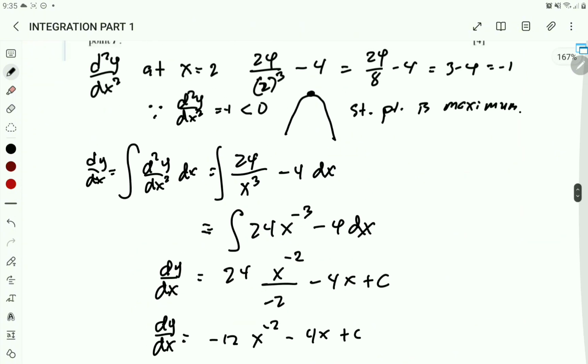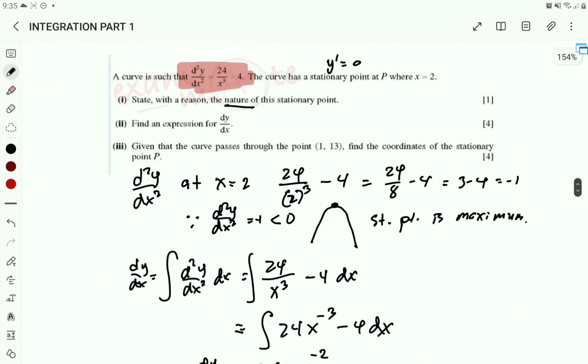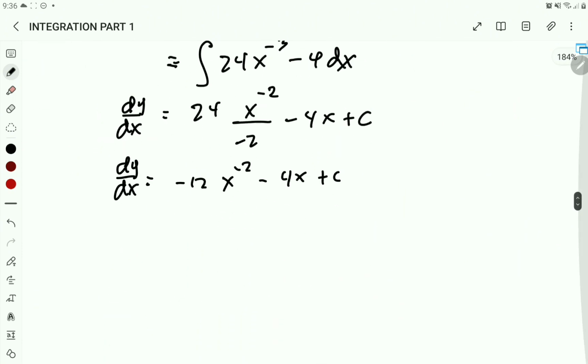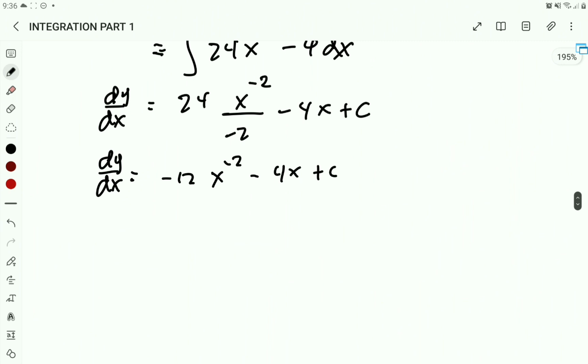Now we need to find the c. Oh, we can, because if x equals 2, the first derivative is equal to 0. So let's use that to solve for the c. Again, y prime is equal to 0 at x equals 2.